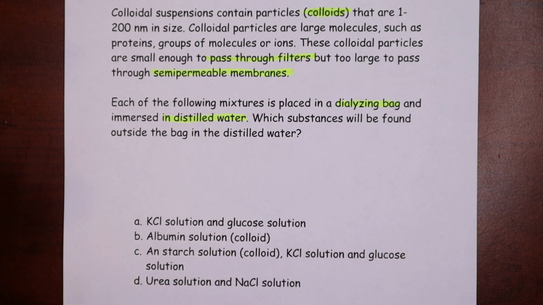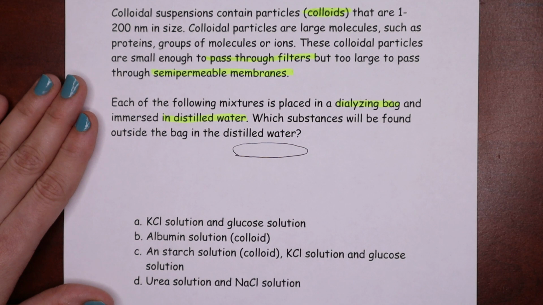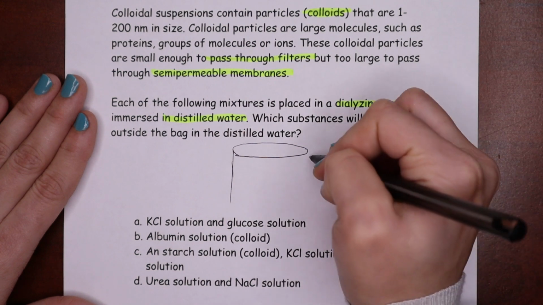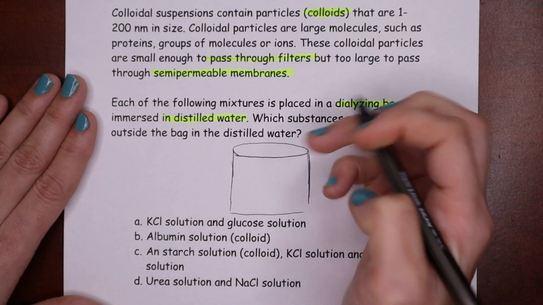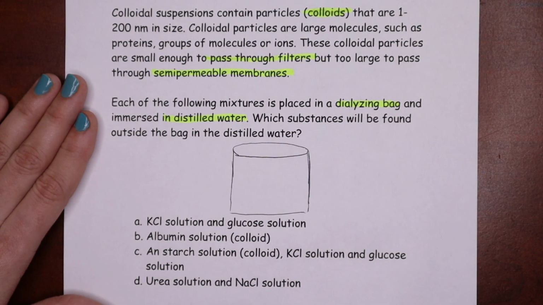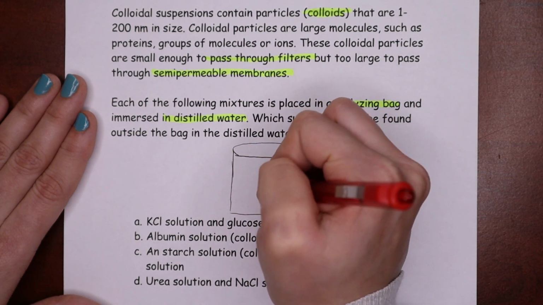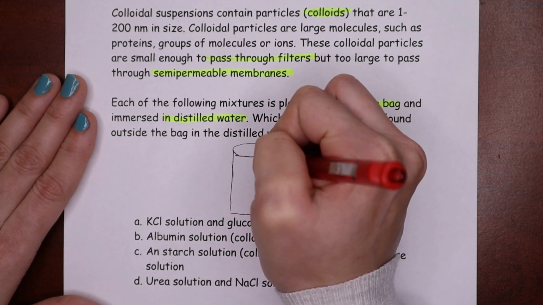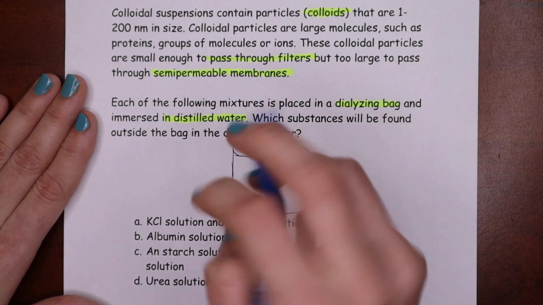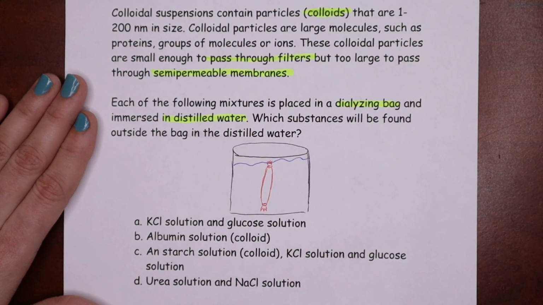So let's draw what's happening right here. I have a beaker here. Alright, don't judge my drawing. And in this beaker, we're going to have a dialyzing bag, and it's going to be submerged, like it says over here, in distilled water.